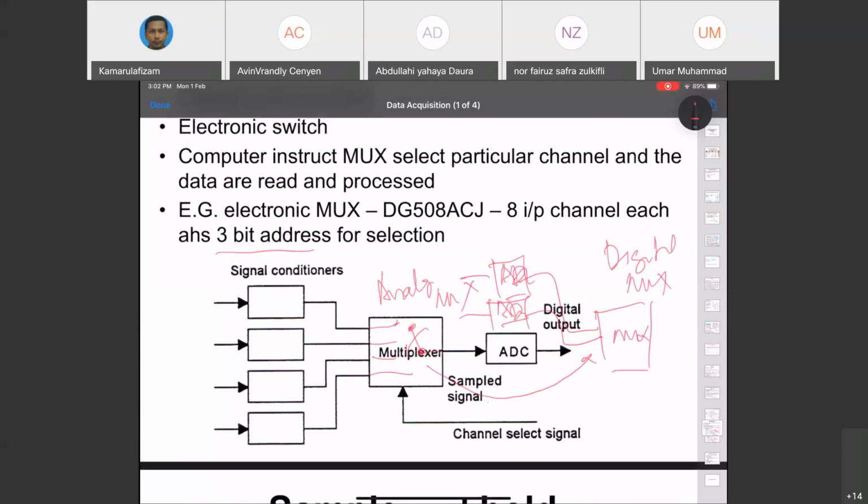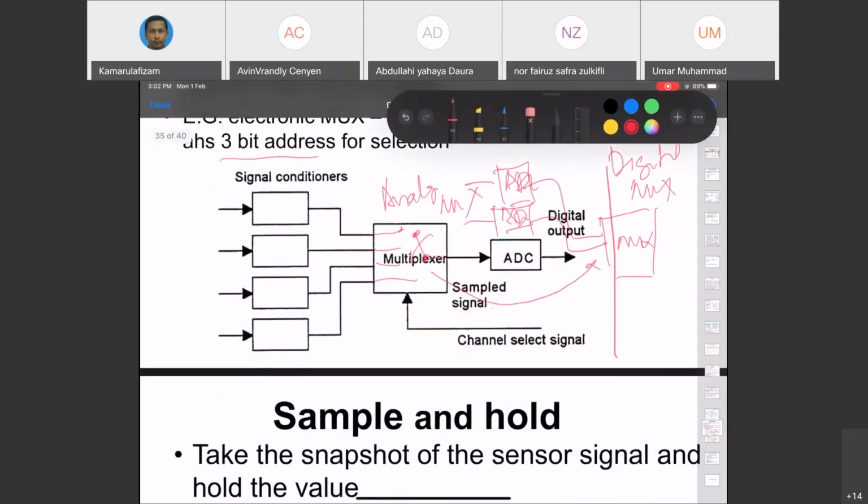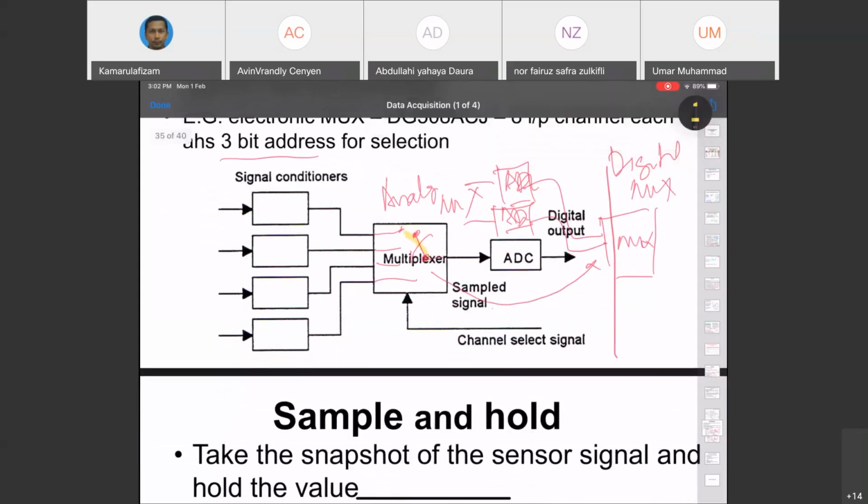If you look at any analog multiplexer system, you will have some kind of solid state switch, which chooses this input and then the next one and the next one. During the switching of these inputs, the multiplexer itself can introduce noise into your signal.